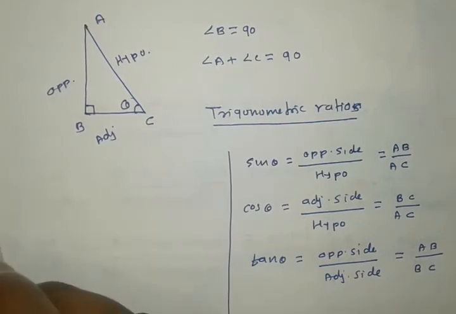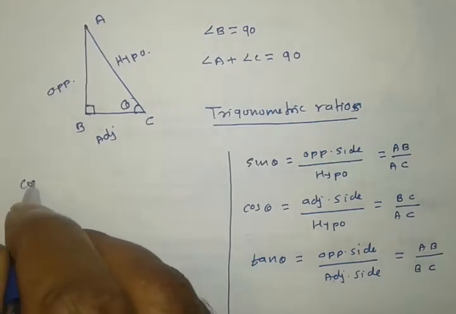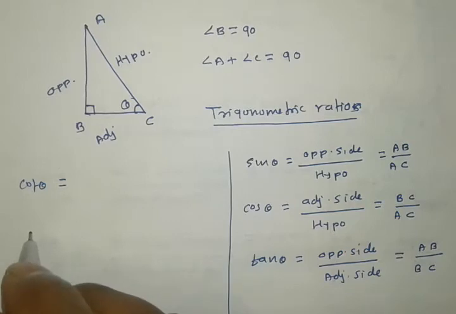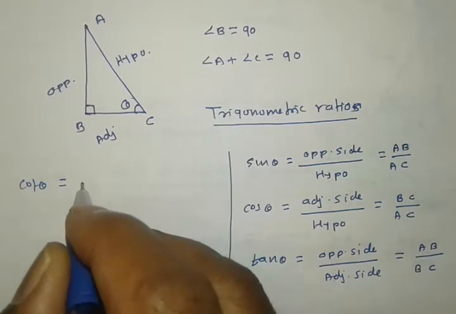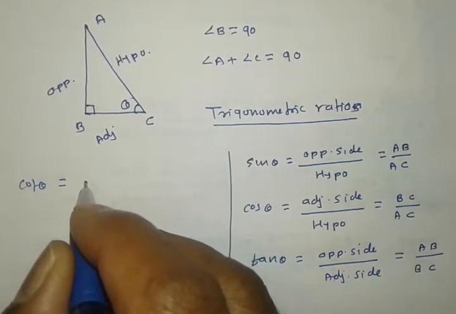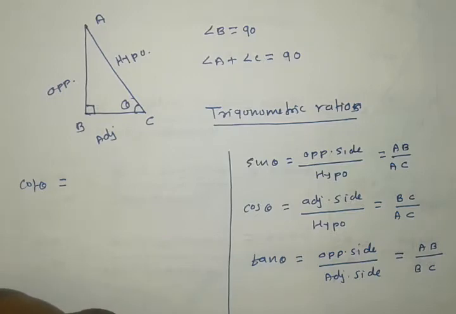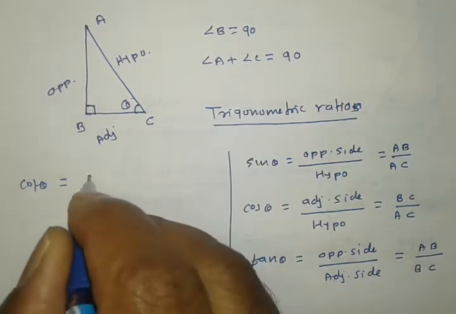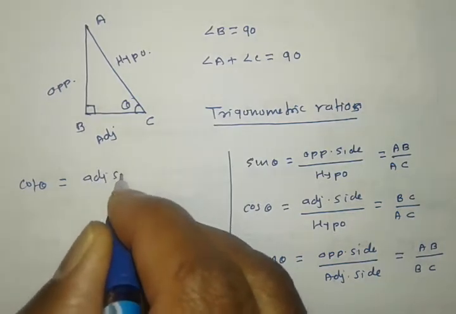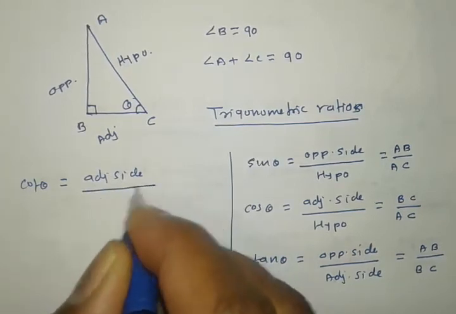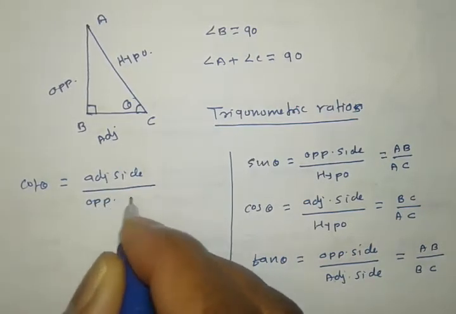Now the fourth trigonometric ratio is cot theta. Cot theta is adjacent side upon opposite side.